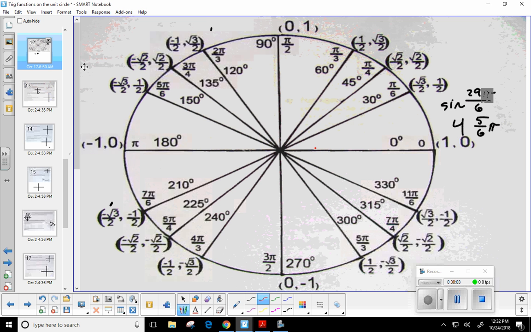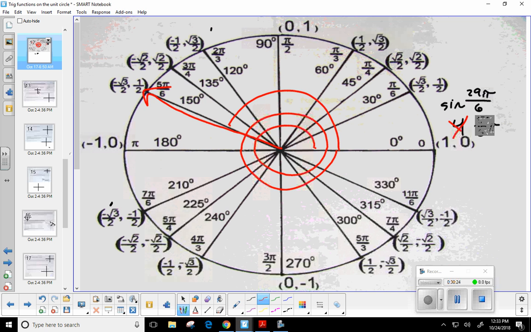So I need to go 4 pi first. So there's 1, 2, 3, 4. So the 4 just got me right back around to where I started. But now what? I have to go an additional 5/6 pi. So it stops me right here.